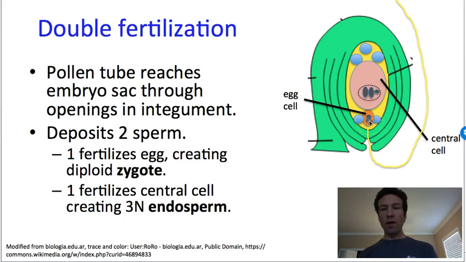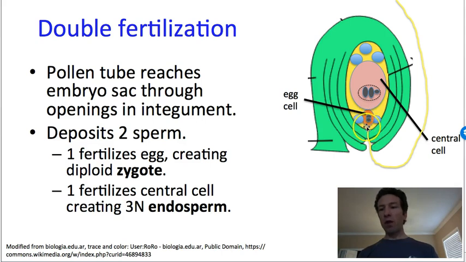One of the sperm is going to donate its nucleus to the egg cell, shown right here, and that's going to merge with the nucleus of the egg cell itself, just shown just a little bit behind it, and that's going to create a diploid zygote. So just like all of the other cases we've talked about, a zygote is one cell resulting from fertilization. It is diploid, and it can divide by mitosis to make a sporophyte.